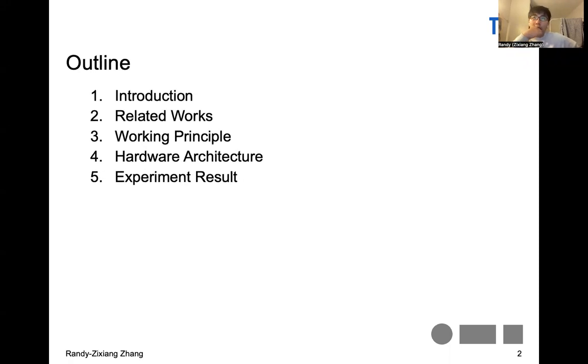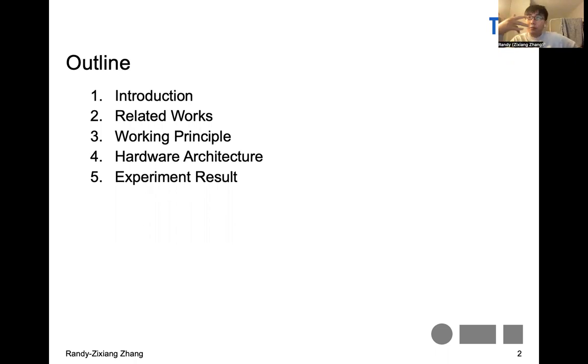So the presentation will be partitioned into 5 parts. The first is a brief introduction, and in the second part we're going to talk about some related works and how we picked this specific type of approximate divider for the implementation.